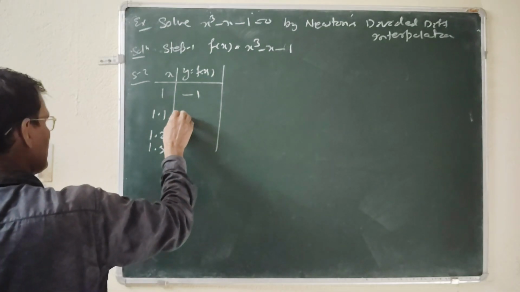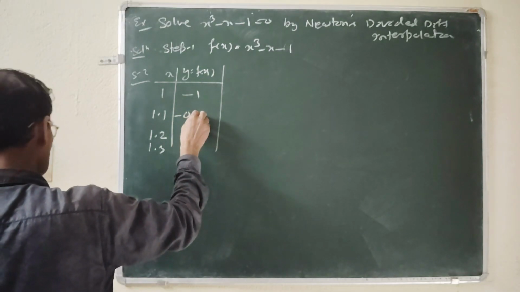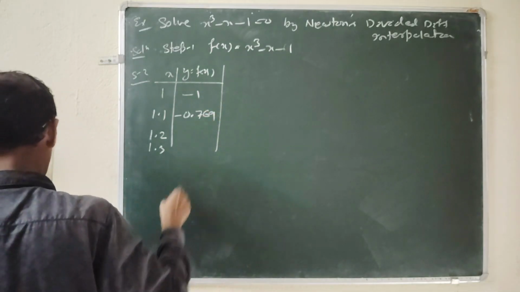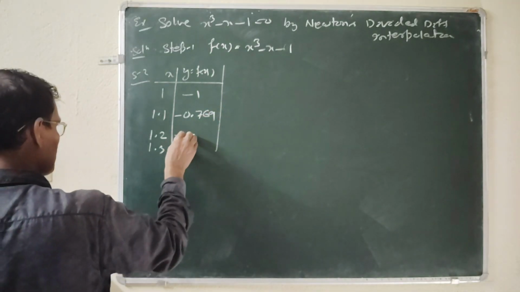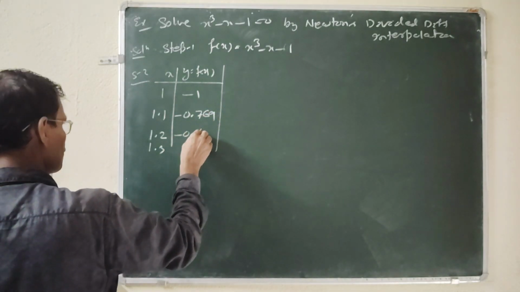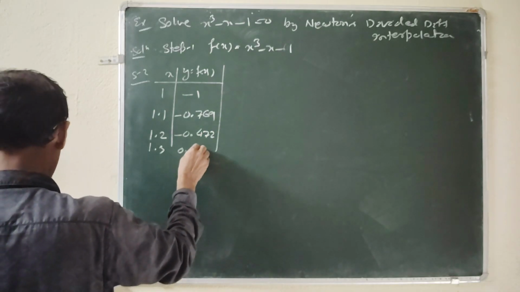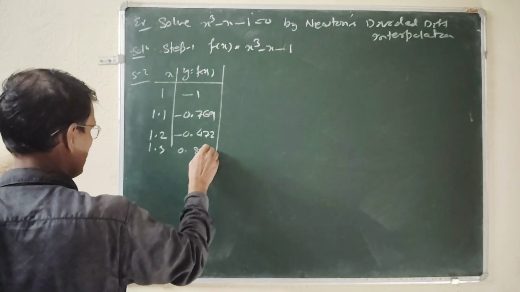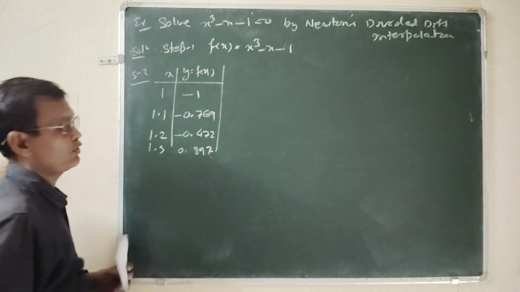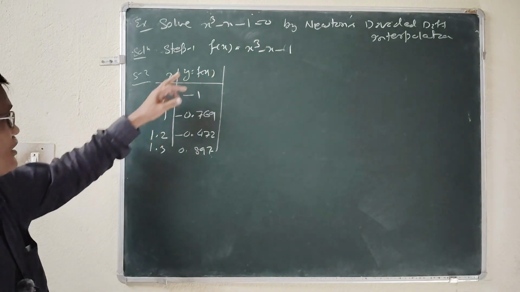For 1.1 it is minus 0.769. For 1.2 it is minus 0.472. For 1.3 it is 0.897.